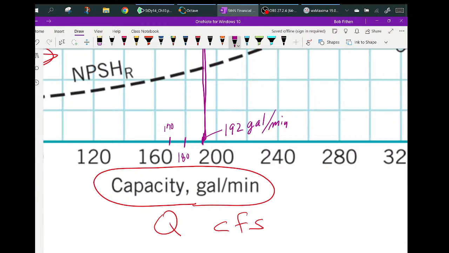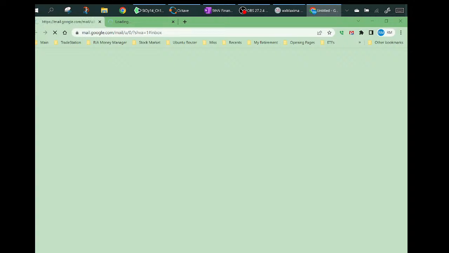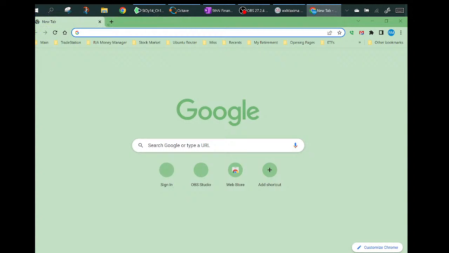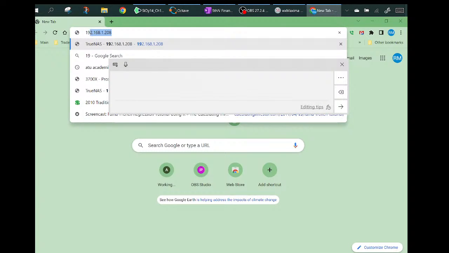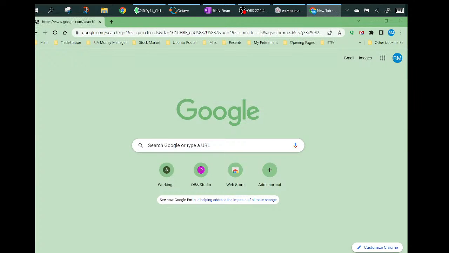I'm going to rely on the lovely internet. I'm going to say 195 GPM to cubic feet per second.